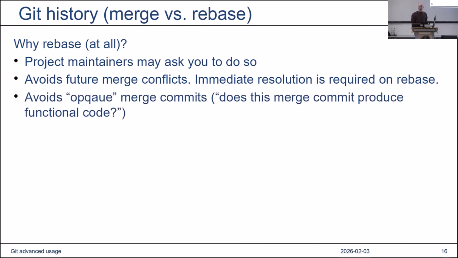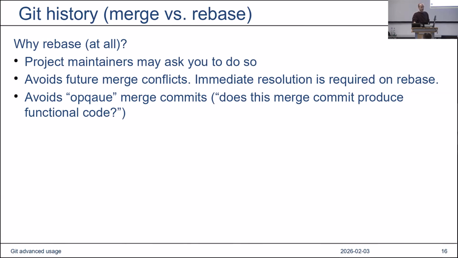And I think this is what I touched on briefly earlier: it avoids opaque merge commits. What does that mean? If you look at a merge commit, which we'll do in a little bit, you won't really see a diff or anything. You just see that stuff has changed, but you don't see what has changed. And sometimes a merge commit, even without any merge conflict, will still produce non-functional code, for example a syntactically correct program that is semantically wrong.